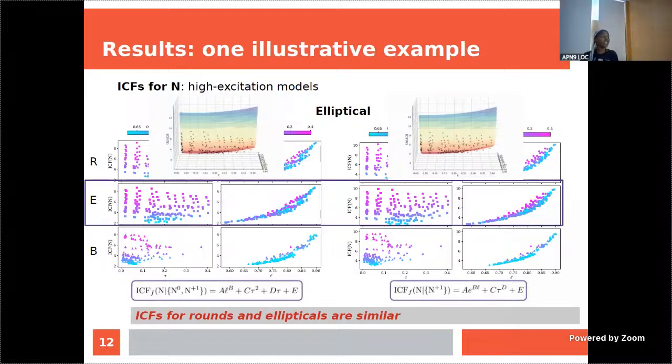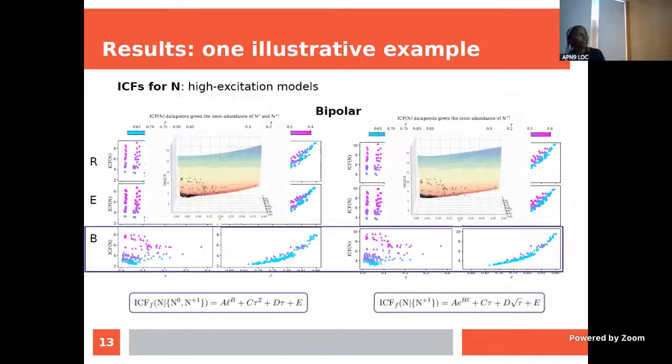So we see the ICF, in this case nitrogen for the high excitation, in which you get the 2 lines, is this one. Of course, the values of the parameters come later. And for the other case, it's similar. Note that in general the rounds and ellipticals have very similar results, so I'm showing here only ellipticals and bipolars.